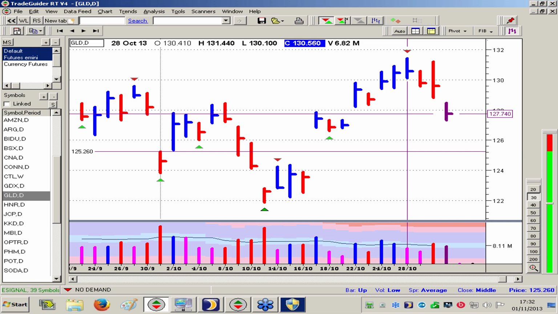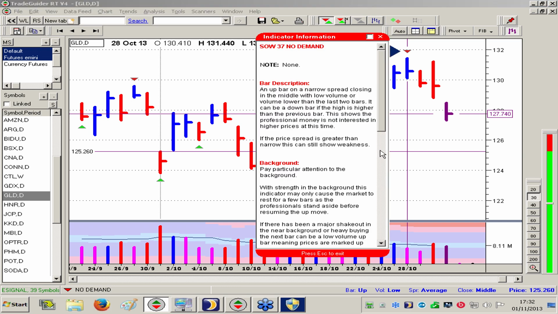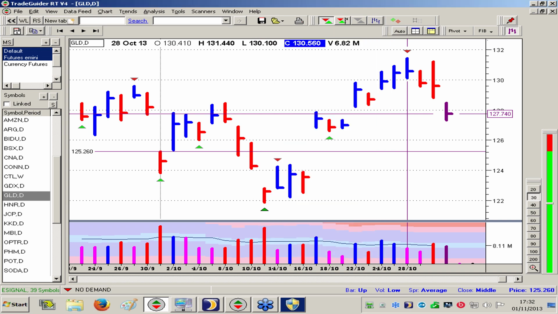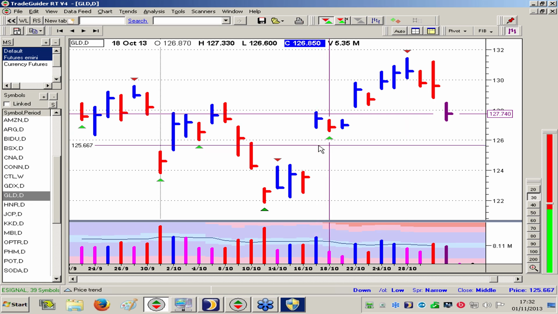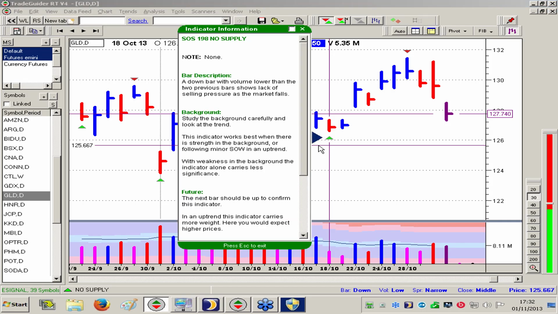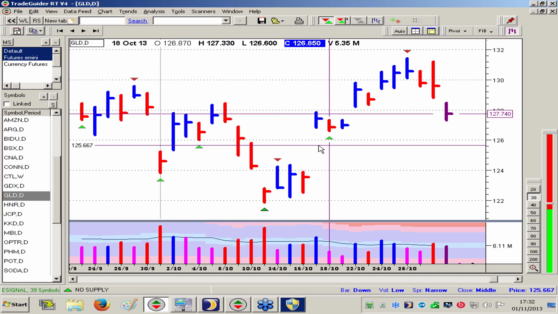Now the reason why that arrow came up: no demand. You've got obviously, look, it's been marked up. Now the reason why you'd expect higher prices there is because, lo and behold, you've got a test, look. No supply. And that's why it's gone up.